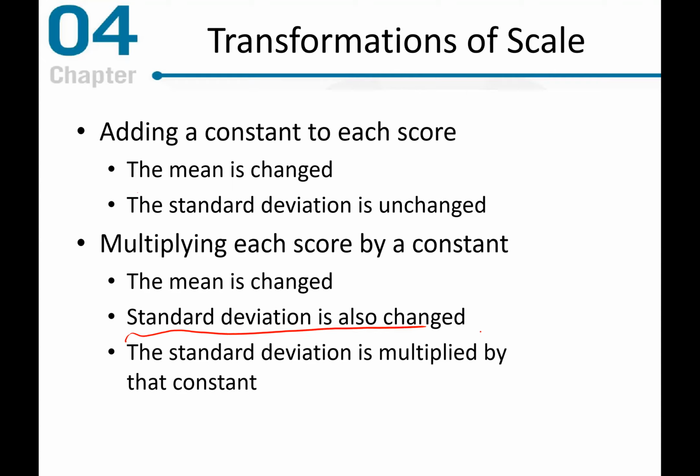The standard deviation is going to be multiplied by that constant. So if we multiplied each score in our population or in our sample by 3, then to get the new standard deviation, we multiply our old standard deviation by 3. And that'll give us our answer.